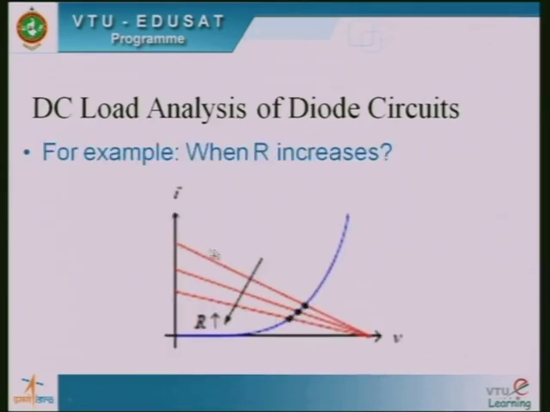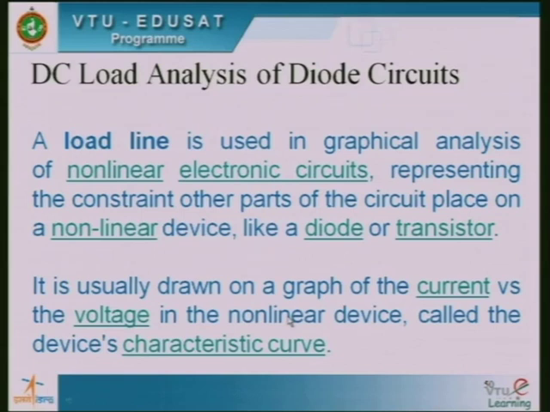The other case is when the load resistance increases. Once again, the operating point, the intersection point between the VI characteristics and the load line, comes down. Such qualitative analysis can be done using the graphical analysis technique.